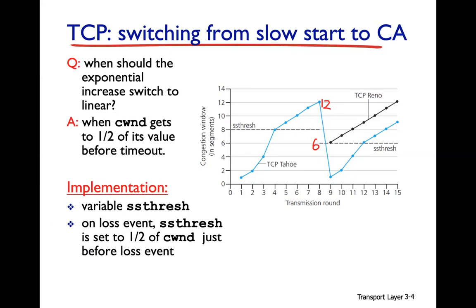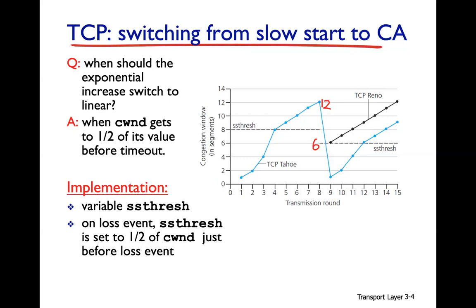So 6, 7, 8, 9, 10, until I have 3 duplicated ACKs or I lost ACKs, then it will jump back to 1. So the graph looks like this.